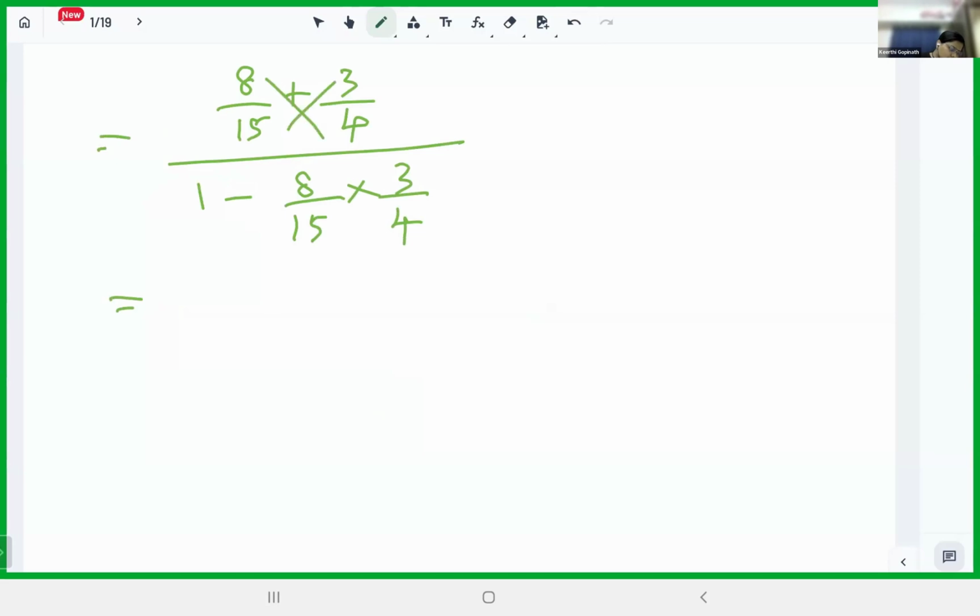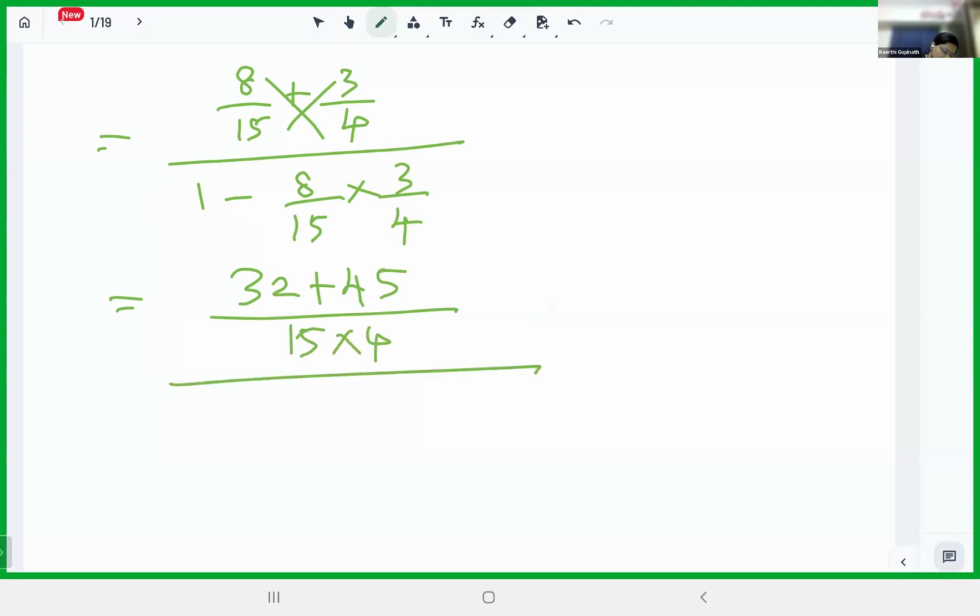Right. So on cross multiplying, we get 32 plus 45 divided by 15 into 4. You can write 15 into 4 as such. Then divided by, this one can be written as 1 minus 8 into 3 is 24 by 15 into 4. Okay.